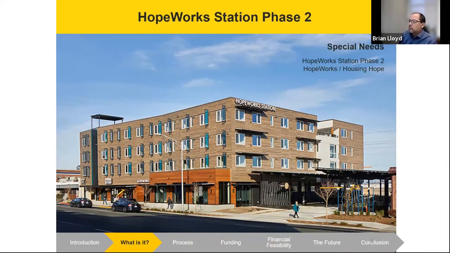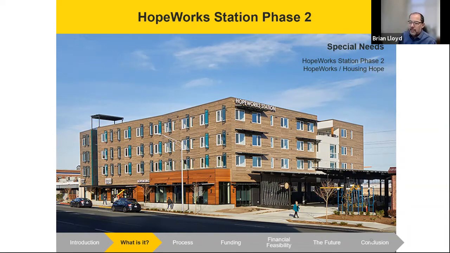This is a project we did with Housing Hope in Everett. This is 65 units of housing for very low income and formerly homeless households. It has the distinction of being a new markets tax credit deal with ground floor retail and job training space.